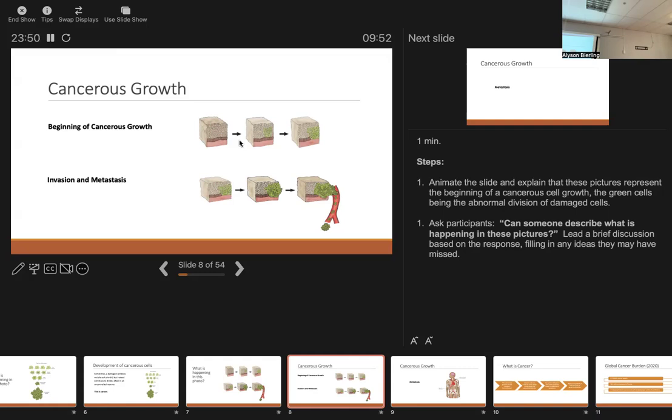So the immune system isn't trained to kill off these cells, because they don't look like a virus or a bacteria. That's why the immune system doesn't know this is abnormal.